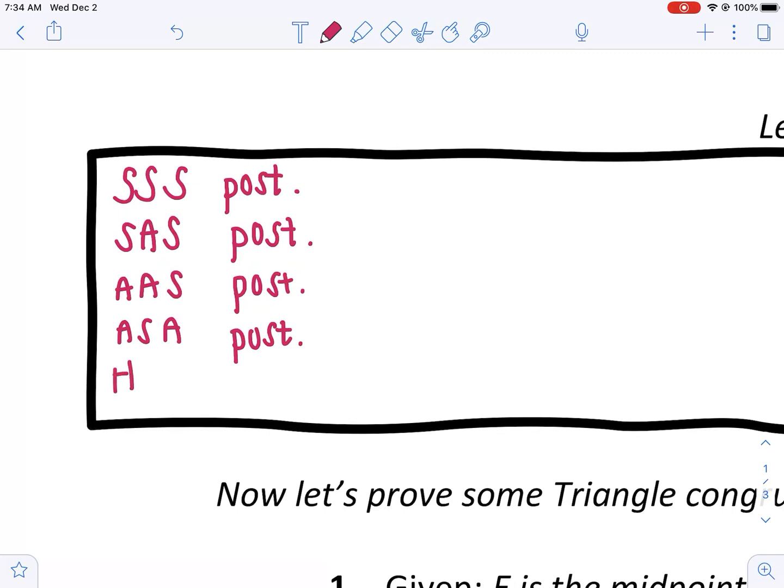And then not a postulate, but the theorem of hypotenuse leg. So that's, remember, just with a right triangle. Hypotenuses are formed with right triangles.